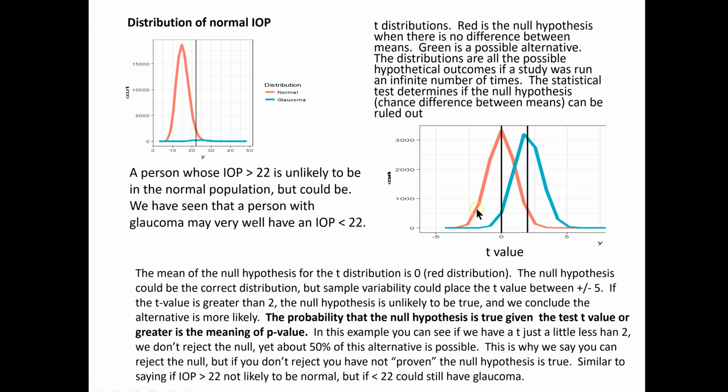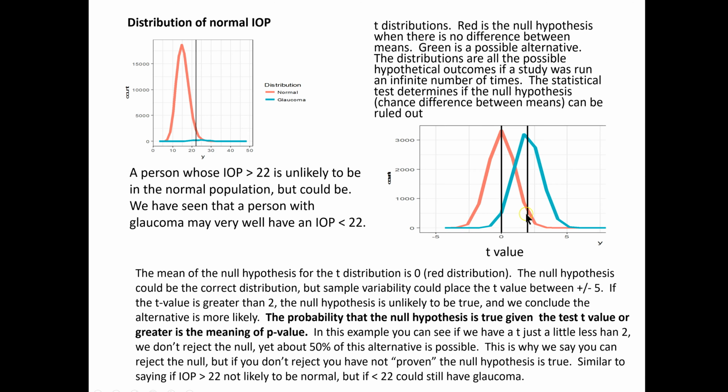So if we look at this red distribution, these are all t-values that you could get. If you did this test an infinite number of times, this is the distribution of the t's that you would get. Most of them would be at 0, but there's an awful lot, in fact, many more than the 0, that are not on that 0 point.